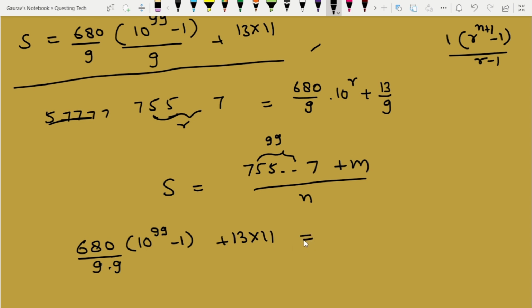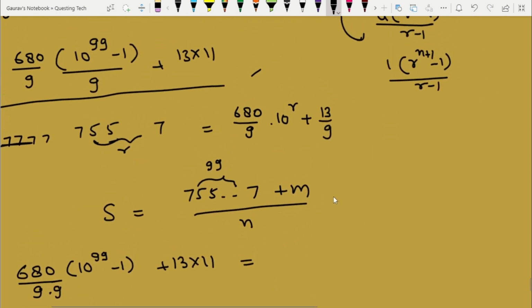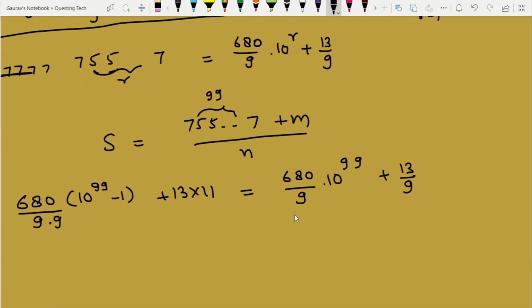It is equal to 680 divided by 9 multiplied by 10 raised to power 99 plus 13 by 9, plus m divided by n.